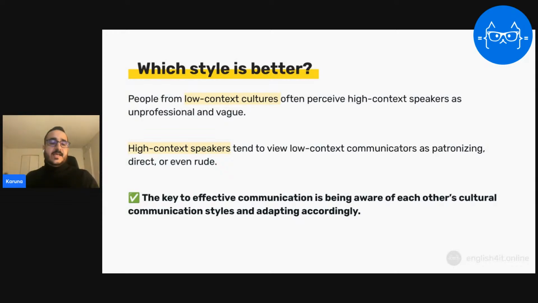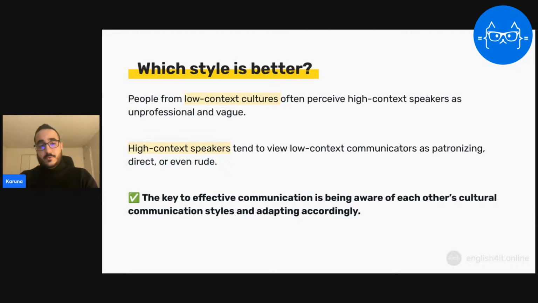And I often get asked which style is better, right? Better. And when it comes to communication, it's a question of preference, and it's a question of what's effective for that given region, right?